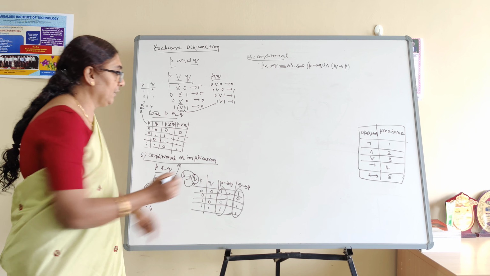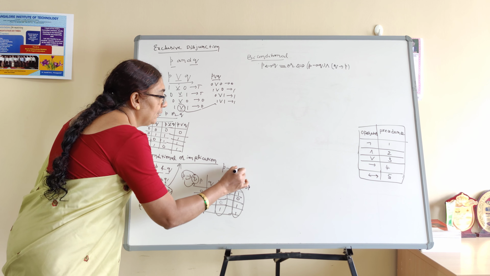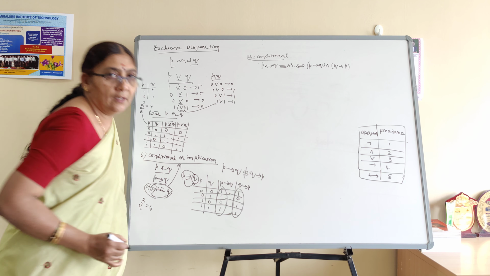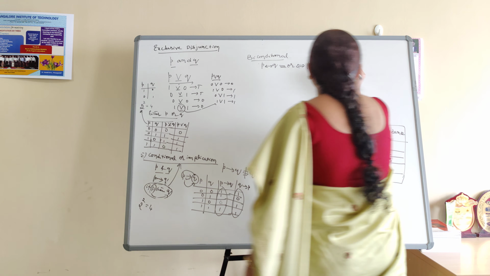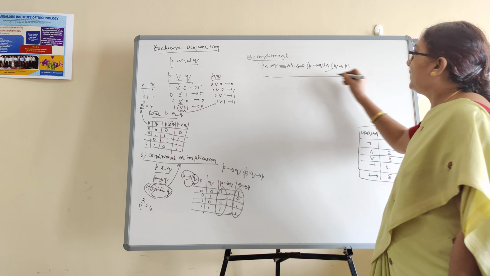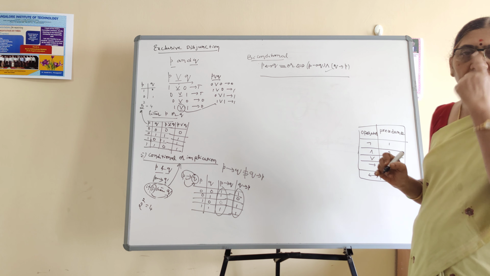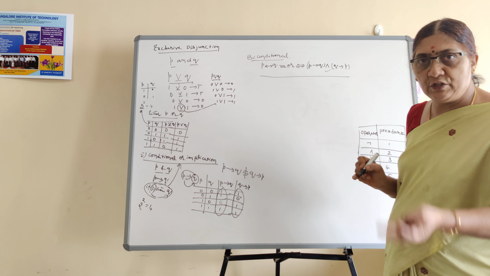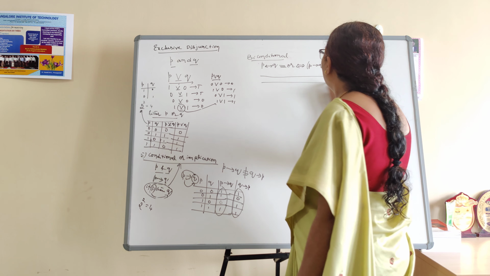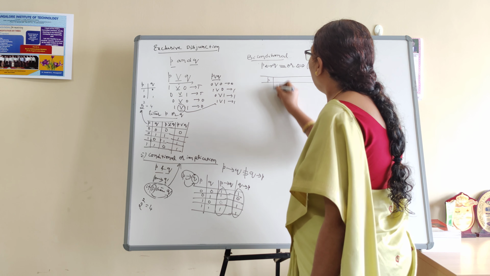Therefore P conditional Q is not equivalent to Q conditional with P. If the conjunction is true, then we say the biconditional is true. The biconditional depends upon the conditional: P conditional Q conjunction with Q conditional P must be true, then the biconditional is true.